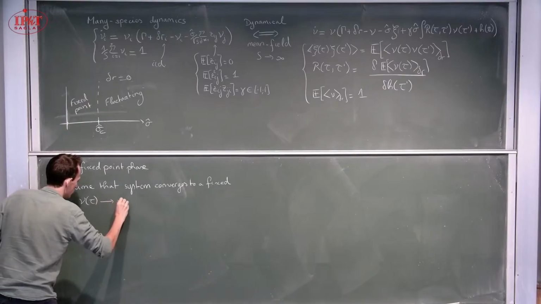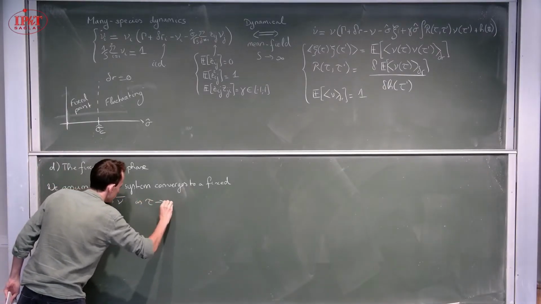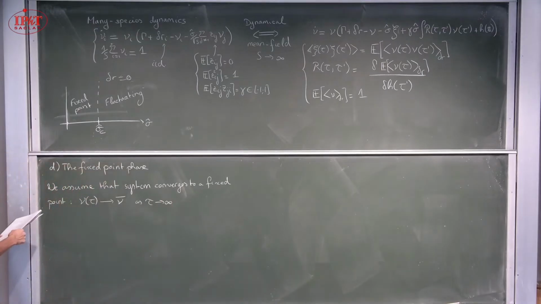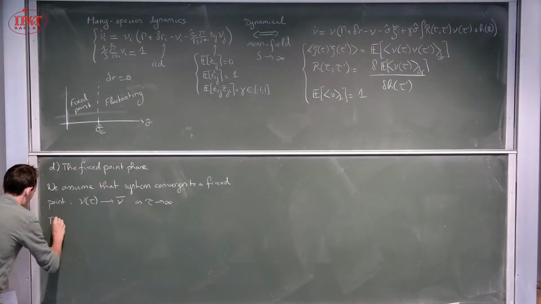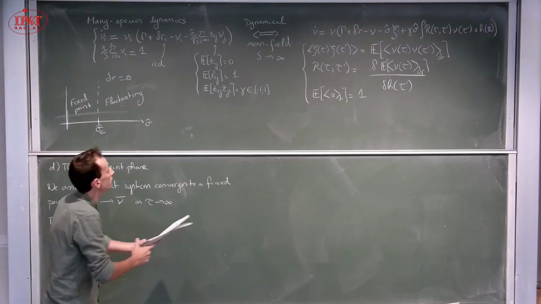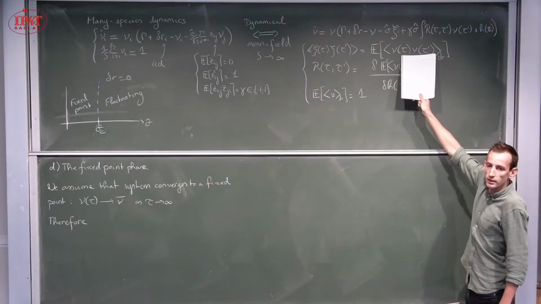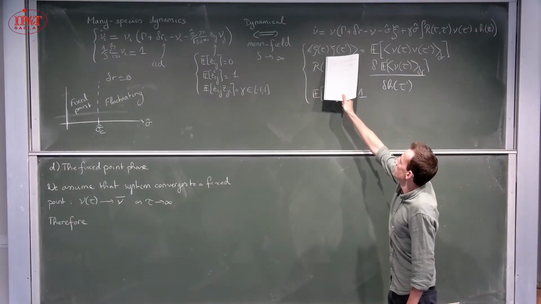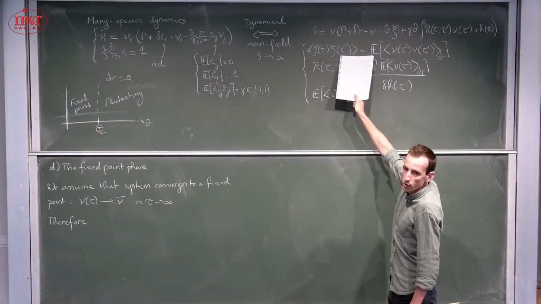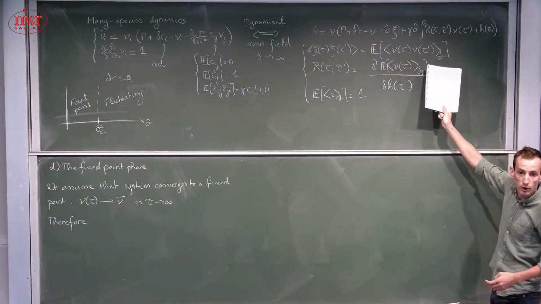So nu tau goes to nu bar as tau goes to infinity. And therefore, from this condition, if nu goes to nu bar, you see that the correlation between psi of tau and psi of tau prime, if tau and tau prime are sent to infinity, becomes independent of tau and tau prime.